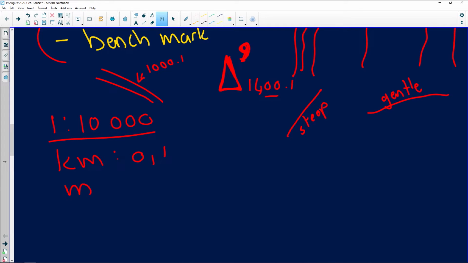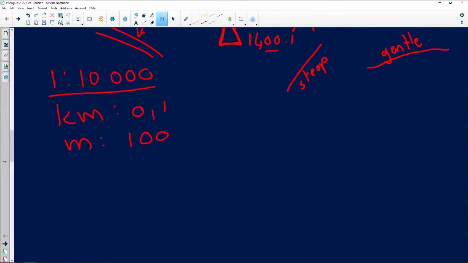If you want your answer in meters, you multiply by 100. Now let's assume this is my orthophoto, and I ask you to calculate the distance from spot height 400 to the shop.